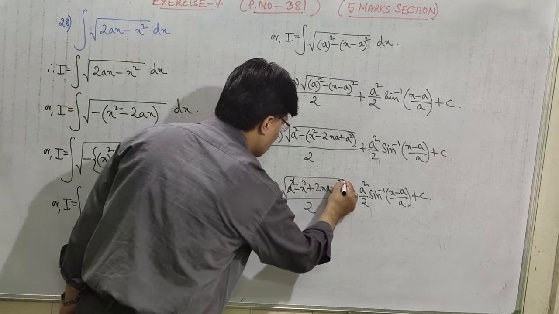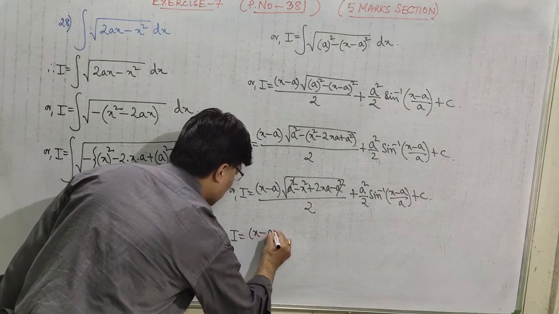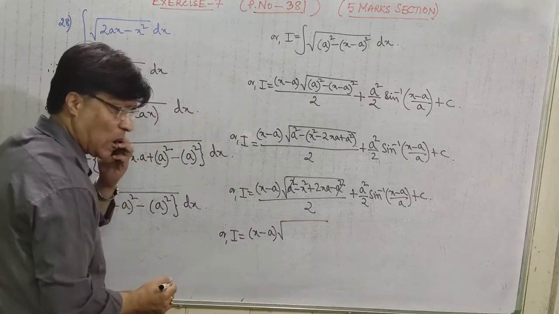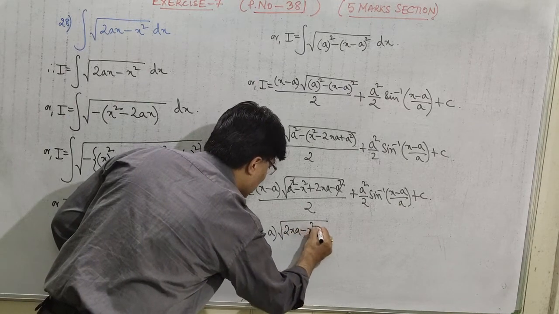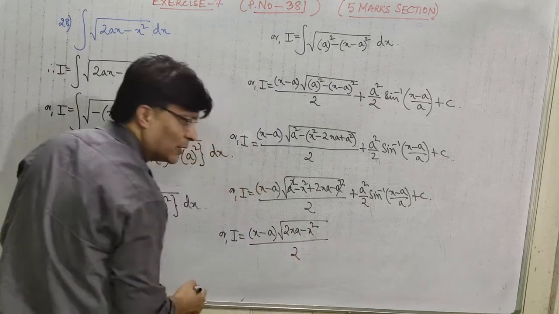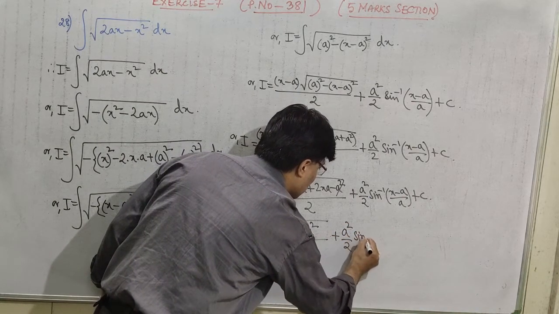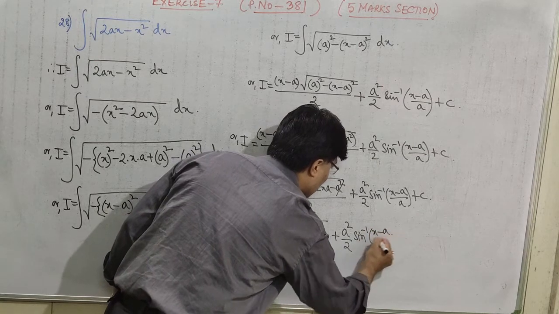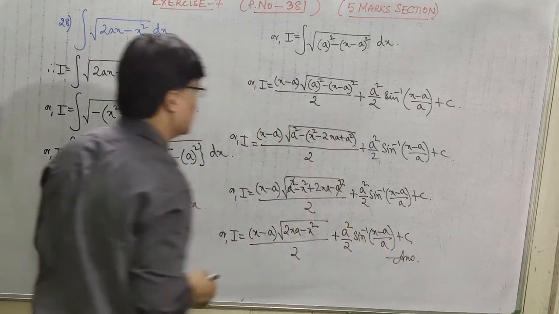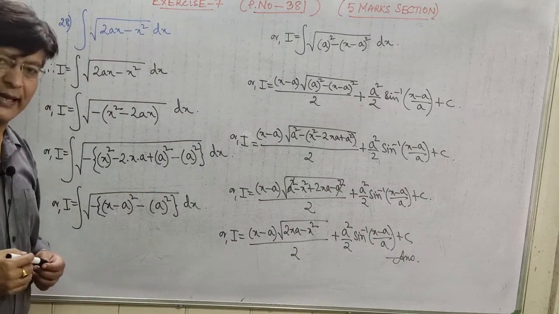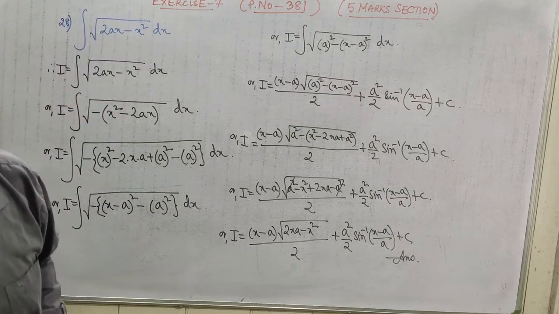So here a square and a square will be cancelled, or I is equal to x minus a, then within square root let us write down positive term first, 2xa minus x square, whole divided by 2, plus a square by 2 sine inverse x minus a by a, bracket closed, plus c. So this is the final answer. Okay, so you can copy it, you can note it down. So let's do the next question now.